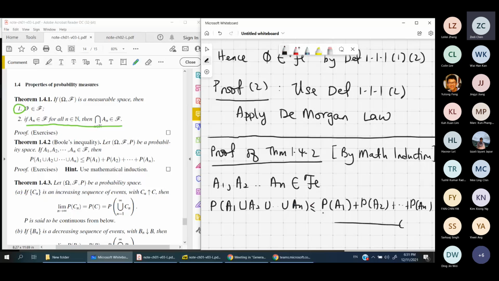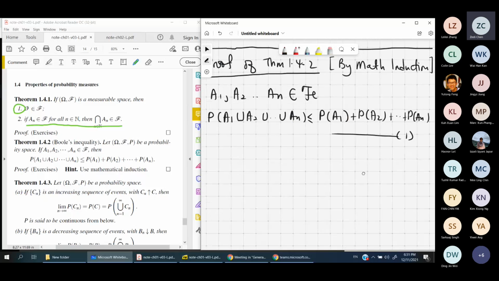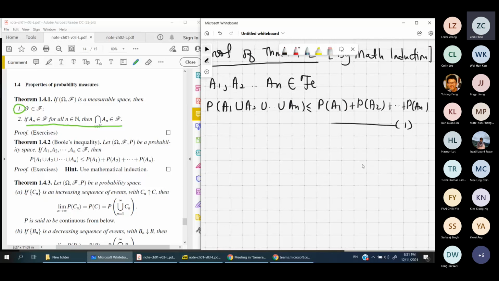Let's say this is formula 1. The process for mathematical induction: the first step is to prove the case n equals 2.